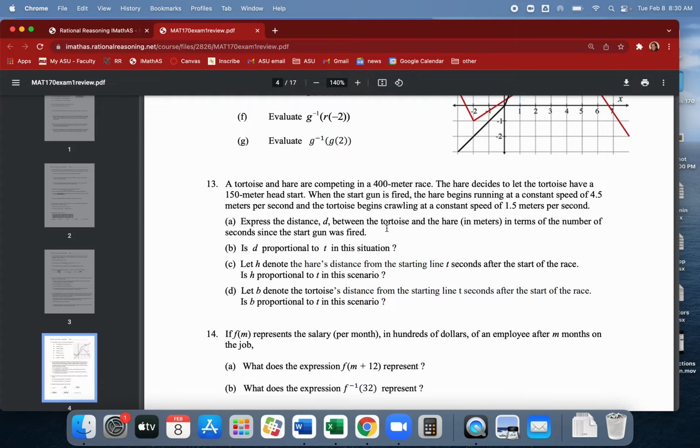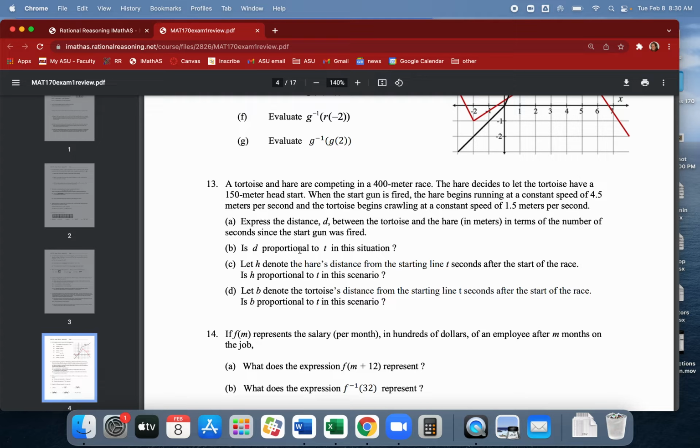I want to know if that distance is proportional to time. That one would be, right? Because at time 0, they're a certain distance apart, and then over time it's shrinking? Yeah, shrinking because the slower one got the head start. D being proportional to T means that if I take that distance and divide it by time, it always comes out to the same amount.